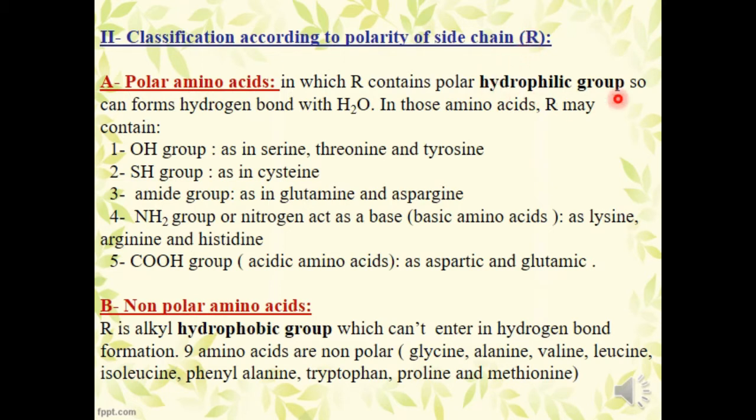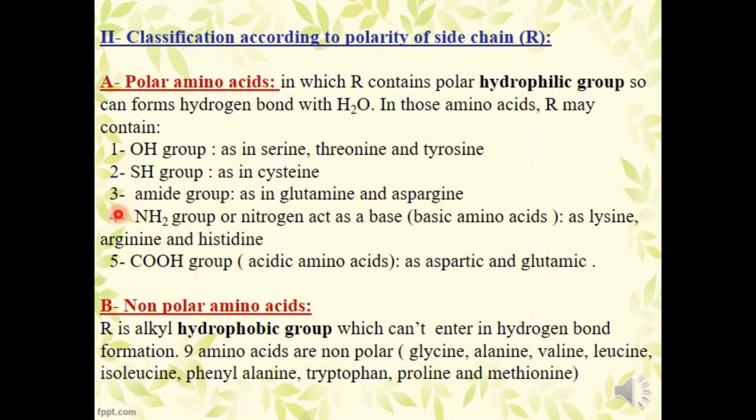This hydrophilic group can be OH, for example in serine, threonine, and also tyrosine. It can be one containing sulfur, for example cysteine, or one containing an amide group like glutamine and asparagine, and also an NH2 group or nitrogen, the basic amino acids, for example lysine, arginine, and histidine.